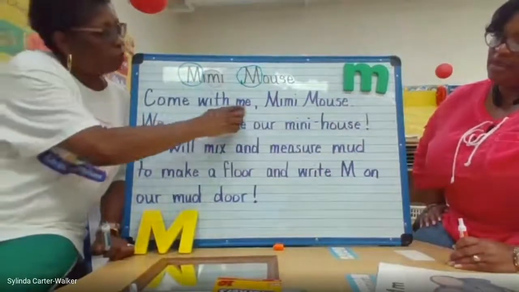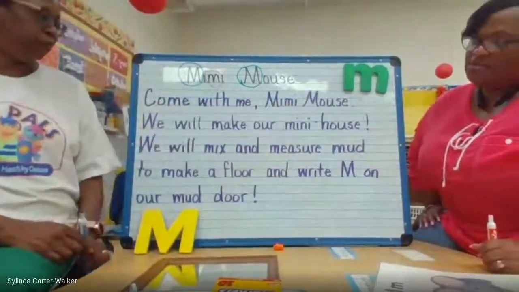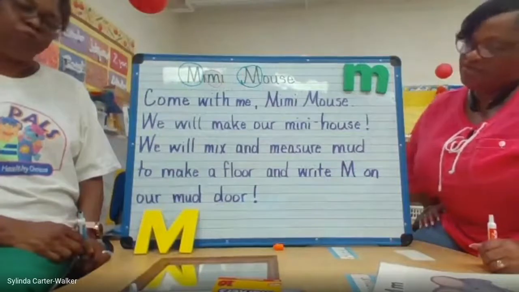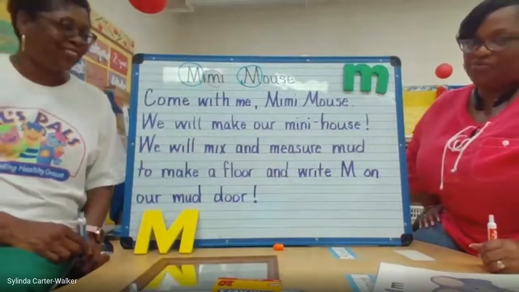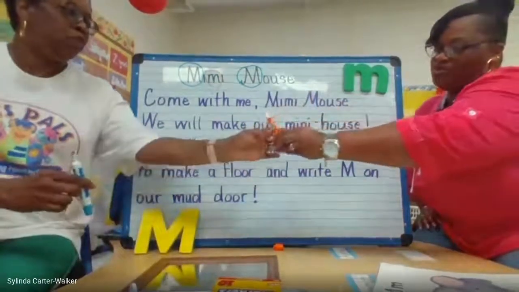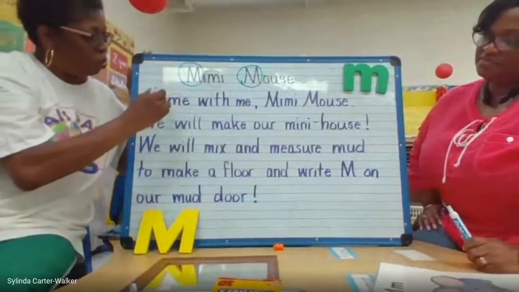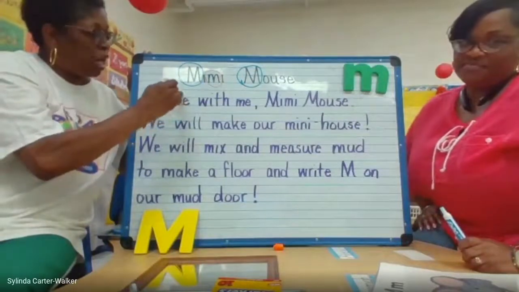Come with me, Mimi Mouse. Do you see any M's, uppercase or lowercase, in that first sentence? I know you do. I see one in the first word. Ms. Walker, can you circle that lowercase m? Absolutely. So we have the lowercase m in the word come.